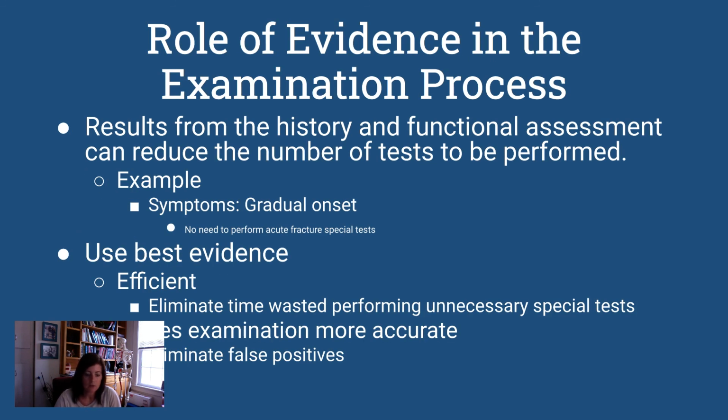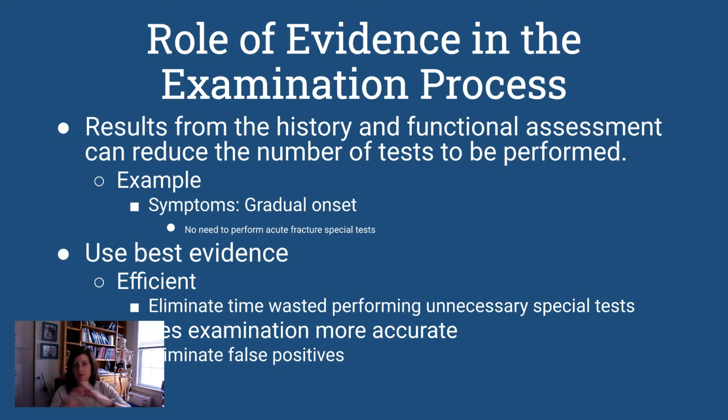Okay, and so the final thing is just the role of evidence when you're doing your examination. So, definitely use your history and functional assessments to steer you in the right direction.